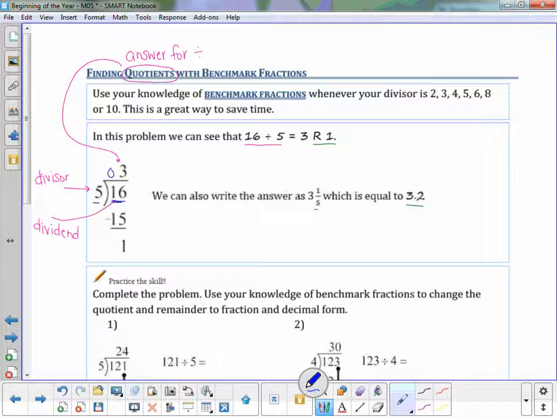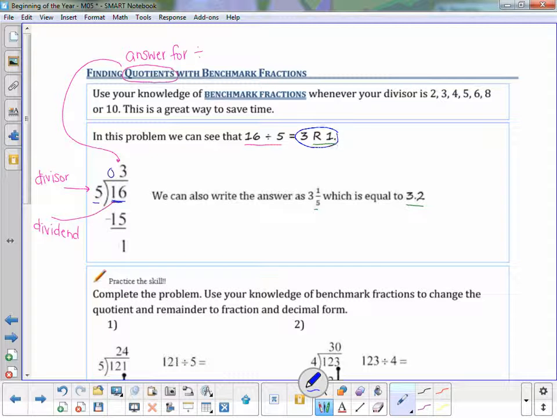And then when we find the difference between 16 and 15, we get 1 as our answer. Okay? So that's just long division, and you guys have been doing that for a little while, but maybe need a refresher today. So one way we can write our answer is 3 with 1 left over.